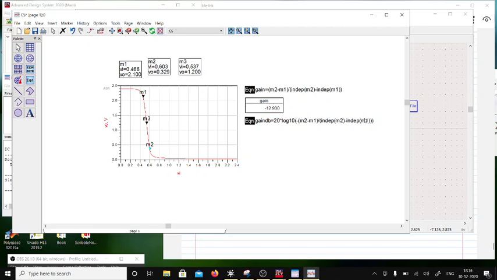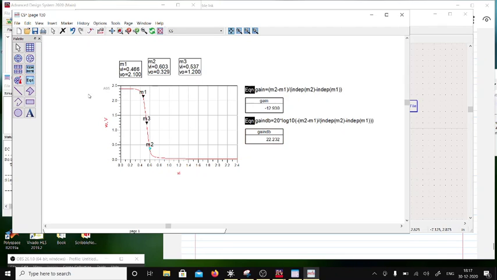This would be the gain. Let me put here gain in dB, copy and paste. Here I just put dB and change the name. So 22 dB is the gain.